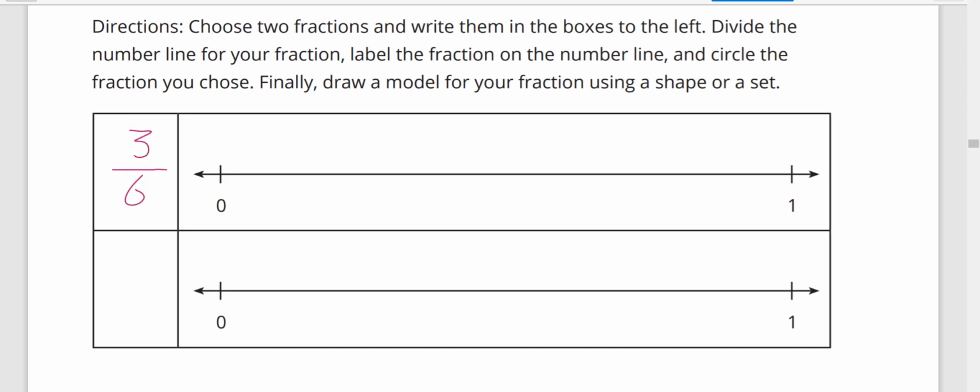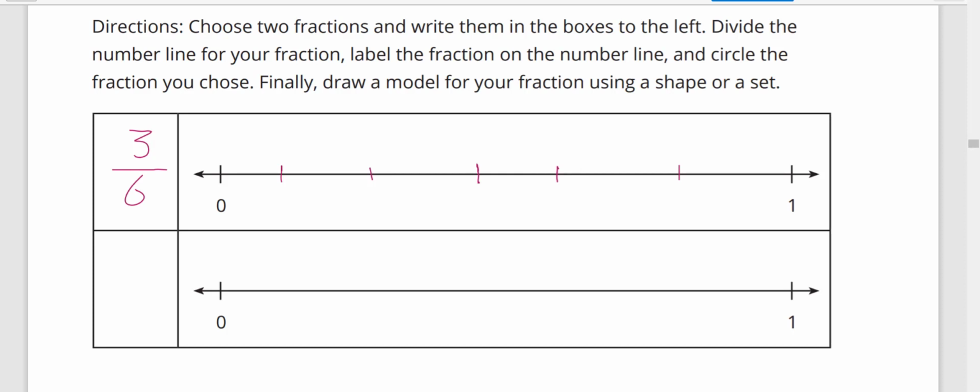3/6. We will divide this number line into 6 equal parts like this. Divide this number line into 2 equal parts and divide the first part into 3 equal parts. 1, 2, 3. And the second part divided into 3 equal parts like this.